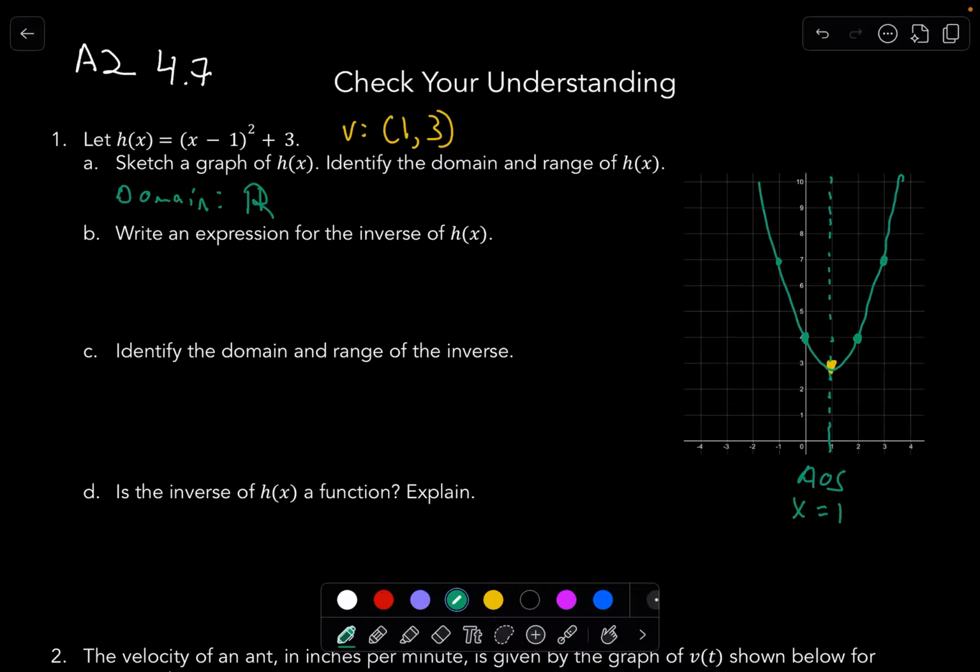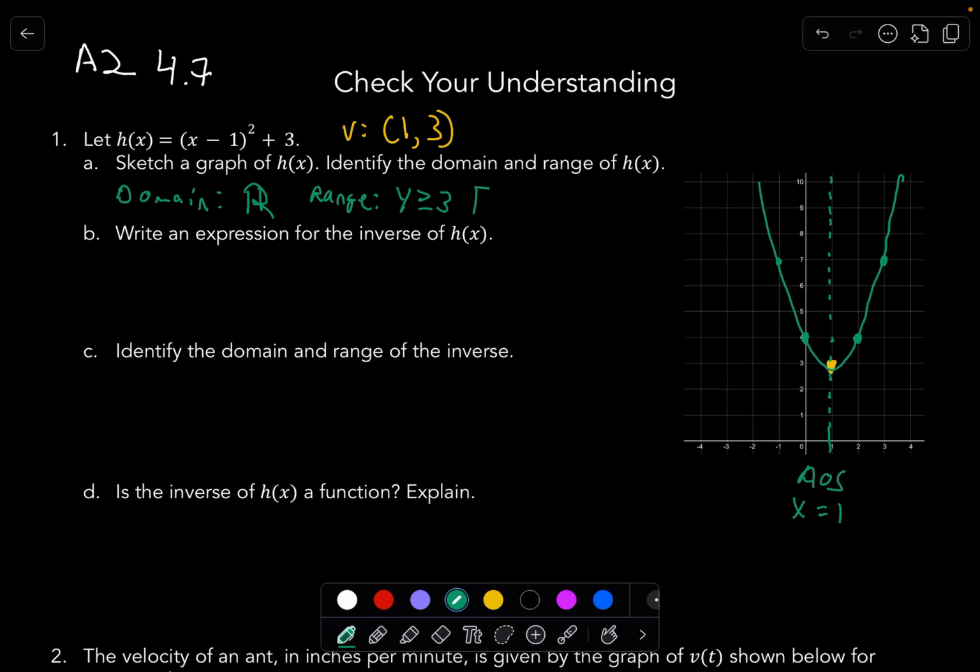The range, however, is going to be restricted because the range is all the outputs, the y values. As we go along the y-axis, we begin right here at 3, and then the graph is only going above 3. So the range is going to be y is greater than or equal to 3.